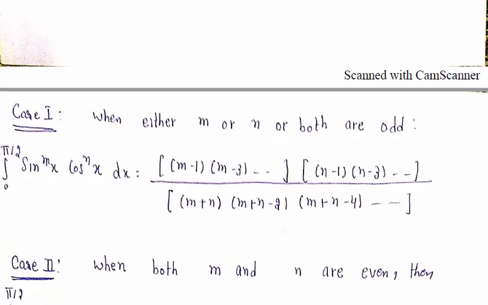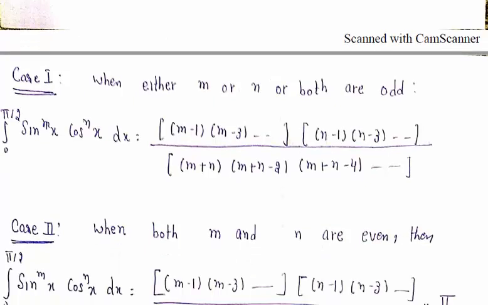When m and n are both odd, or either one of them is odd, the integration equals (m minus 1)(m minus 3) and so on, up to a positive factor, times (n minus 1)(n minus 3) and so on, up to a positive factor, over (m plus n minus 2)(m plus n minus 4) and so on.